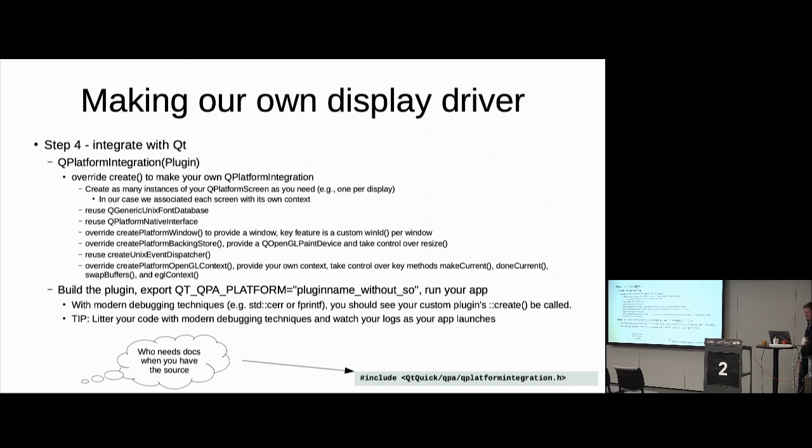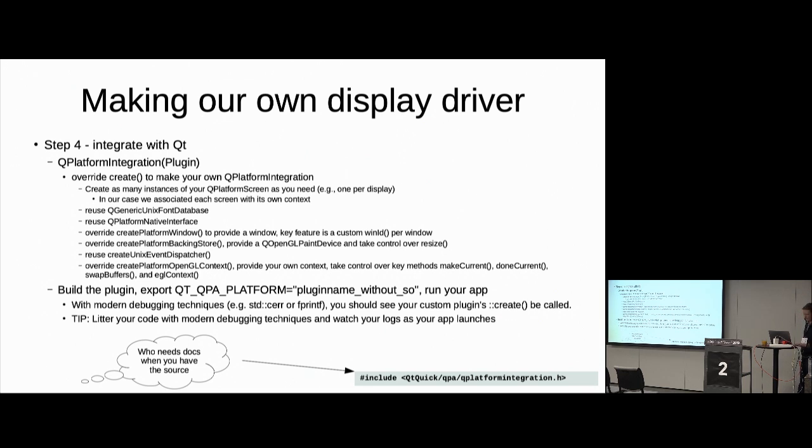We reused the event dispatcher. We pretty much just looked at what the other platform integrations did, and then we molded it to do what we wanted to do. The essential part is that we made our own GL context, which meant that we can take over the parts where Qt wants to start rendering, when it's done rendering, and when it's about to swap buffers, which is all graphics lingo for our low-level stuff, don't worry.